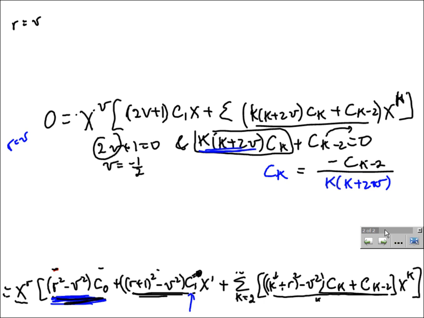When r is equal to v, we have c sub k is equal to negative c sub k minus 2 over k times (k plus 2v). Okay, and we don't even need this.